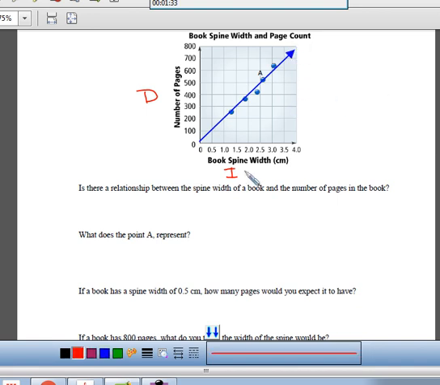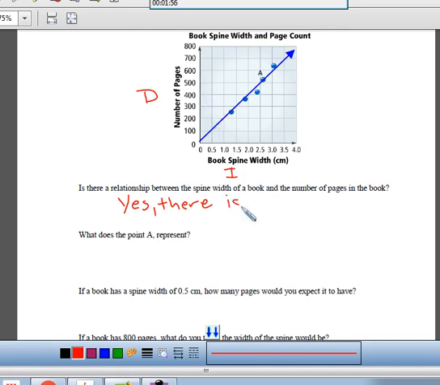Okay, so is there a relationship? Yes. There is a positive correlation. Remember from the last lesson, as the data increases this way, it's increasing on the dependent.